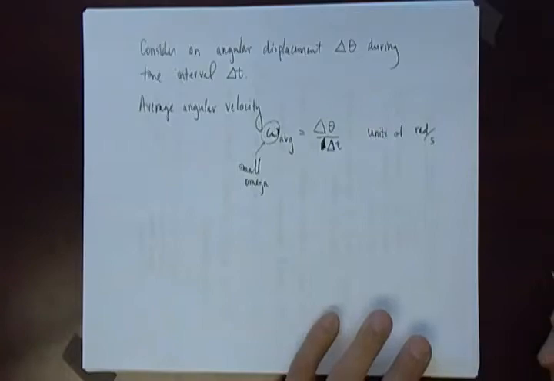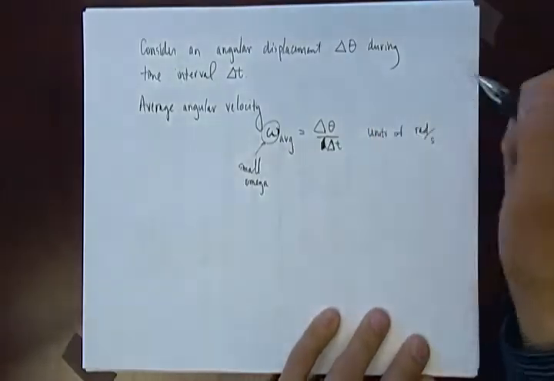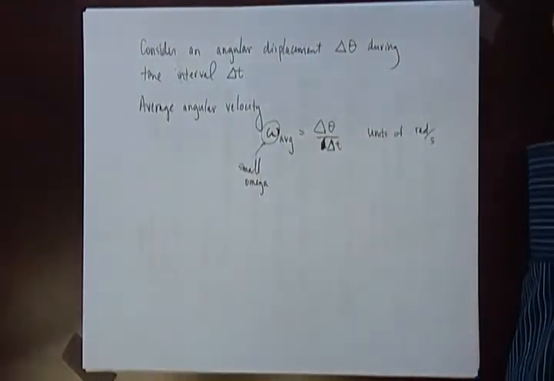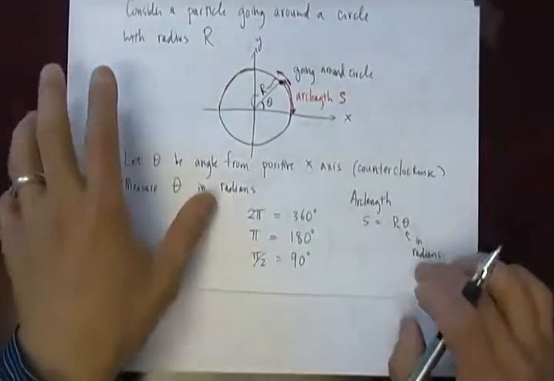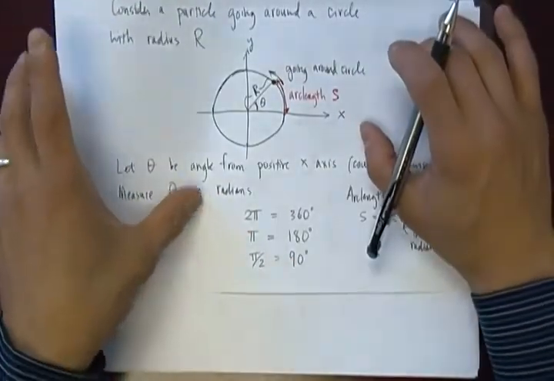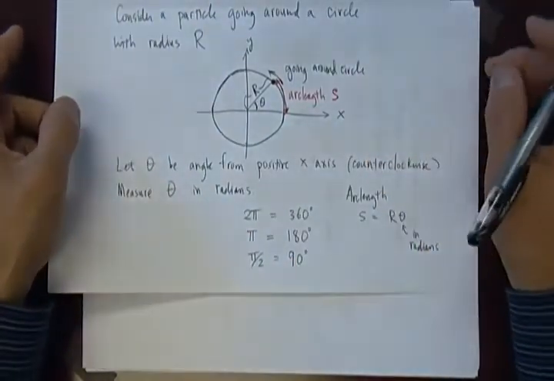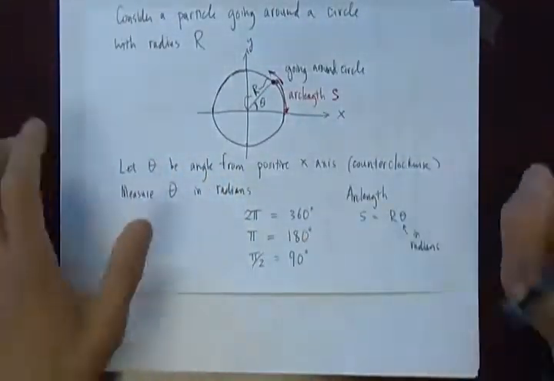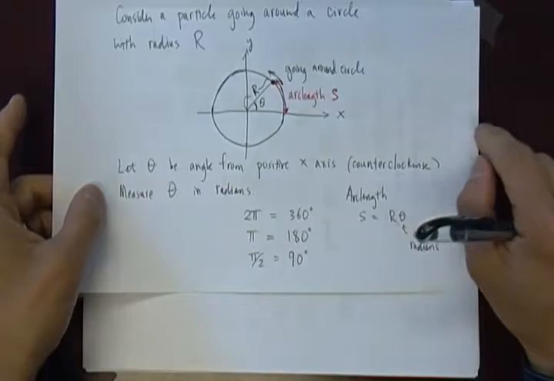Okay. Now, one thing that's kind of funny with angles is that radians, or degrees, is not really a unit in the same sense as meters or seconds. It's actually something that really doesn't have a unit. 2 pi is the same thing as going around one time. It's like rotating one time. That really doesn't have a true unit.